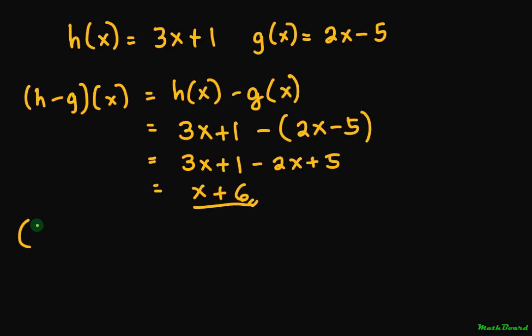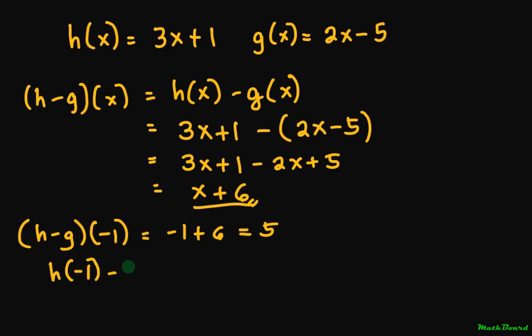Let's say we have h minus g of negative 1. So you can just replace x by negative 1 here. So negative 1 plus 6 equals 5. Or we can find first for h of negative 1 and subtract it from g of negative 1.